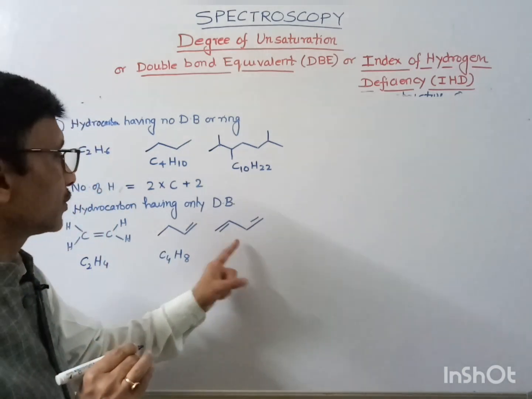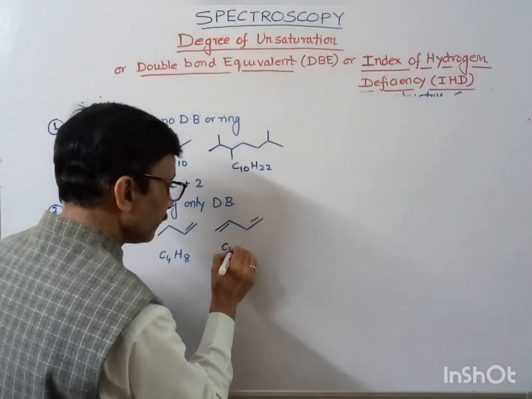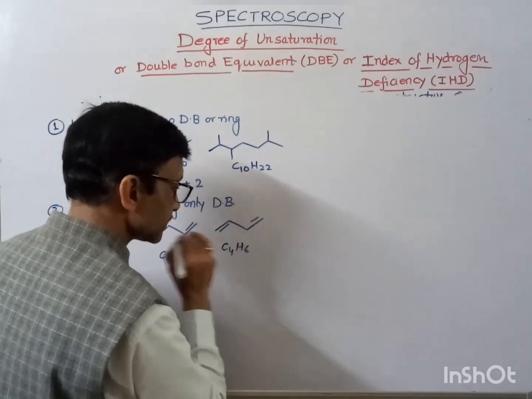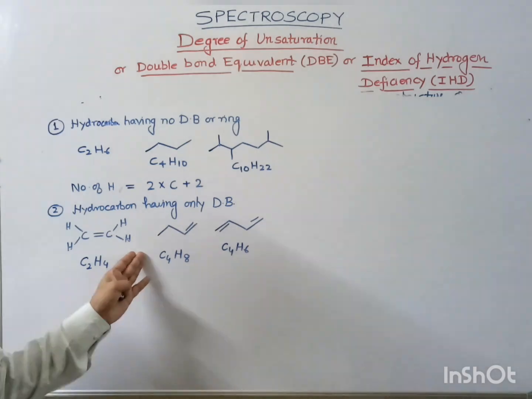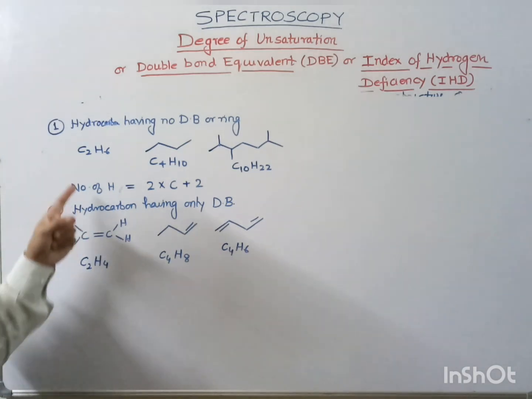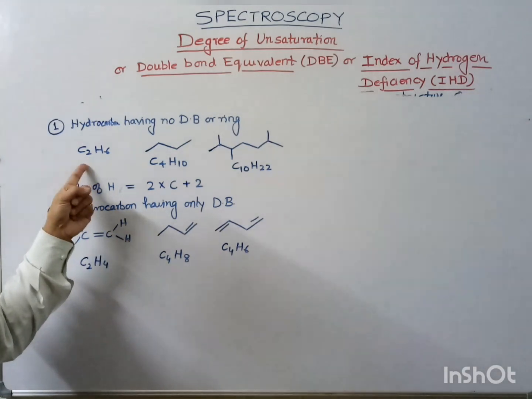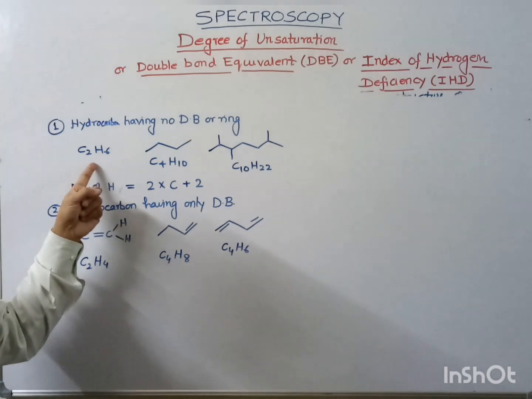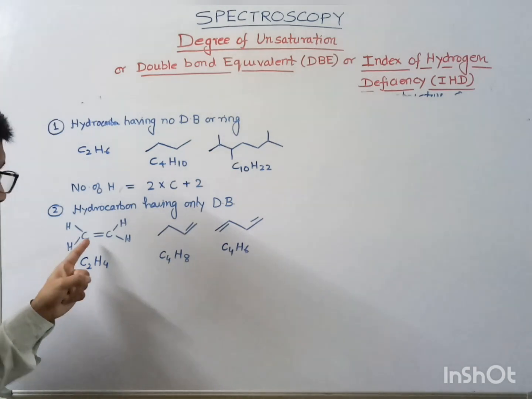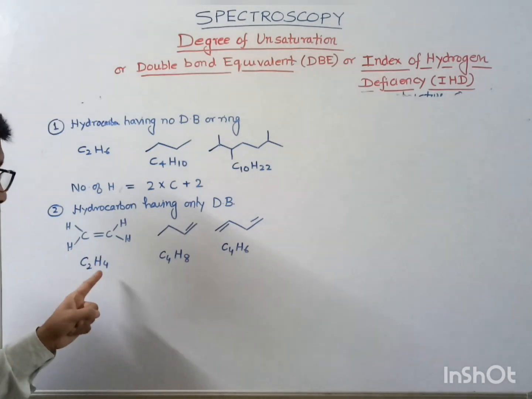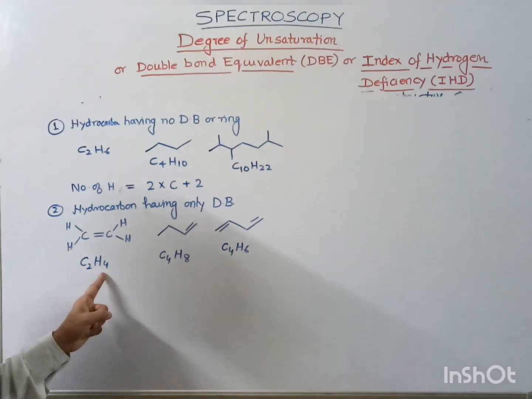And the formula for this is C4H6. So what we can see over here: this is the formula of ethane, C2H6, and this is the formula of ethene, C2H4. If there is one double bond, then hydrogen decreases by 2.